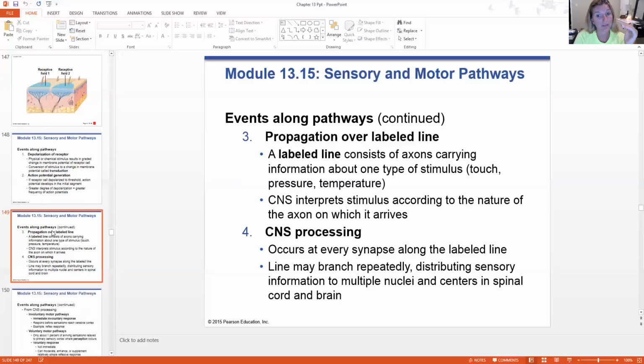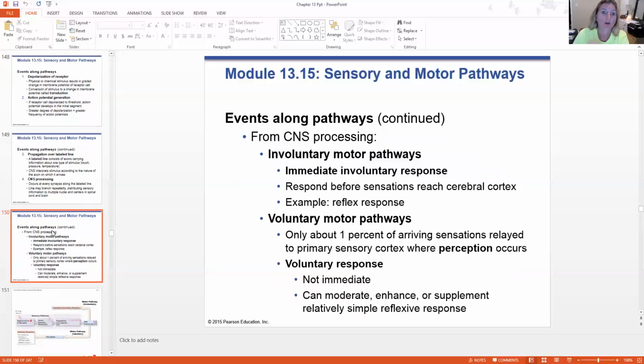It's going to occur at every single step along that labeled line, and the line may branch repeatedly, distributing the sensory information throughout several nuclei of the brain and several centers of the spinal cord and brain. So from the central nervous system processing, there's going to be involuntary motor pathways, which is an immediate involuntary response. This is the response before those sensations reach the cerebral cortex. That would be a reflex. Or they're going to be voluntary motor pathways.